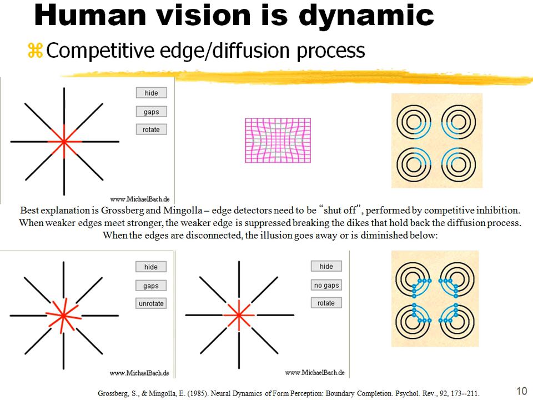The vision system is also very good at filling in things. Okay? If you see, for example, the picture on the upper left, do you see a faint red circle over there? Do you see a faint red circle? Yes?